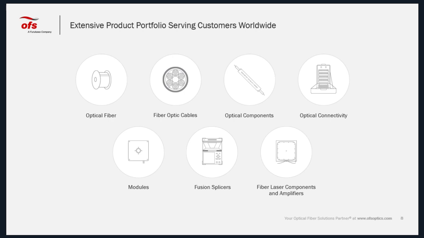We have many designs of fiber optic cables, and we also make optical components like small splitters and small WDM modules for fiber to the home, for fiber to the subscriber applications. We also do optical connectivity for fiber to the home and solutions to connect cell sites, and also modules like DCM, dispersion compensation modules, along with fusion splicing machines, and some fiber laser components and amplifiers.